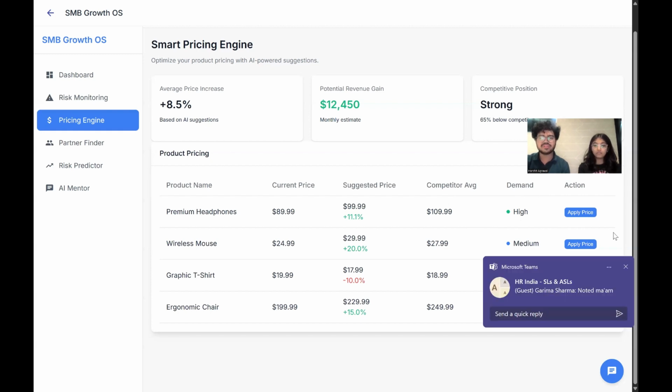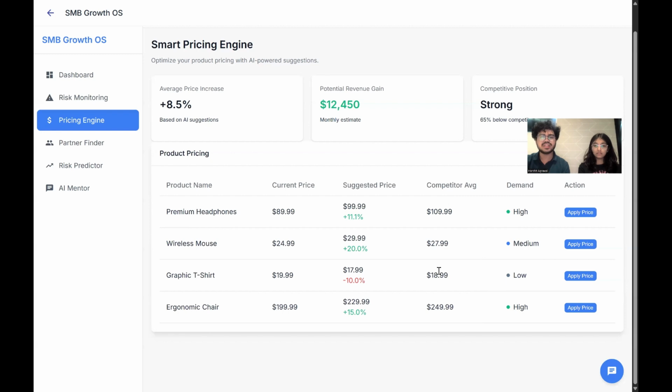Based on this, we put the prices, and the company can apply the price directly to their database.